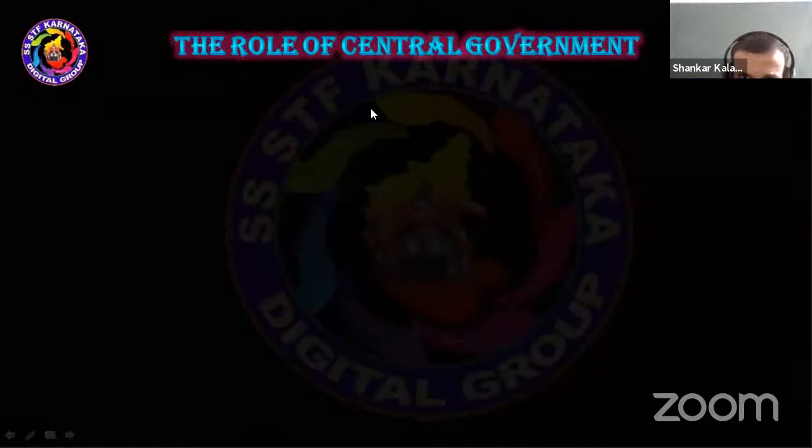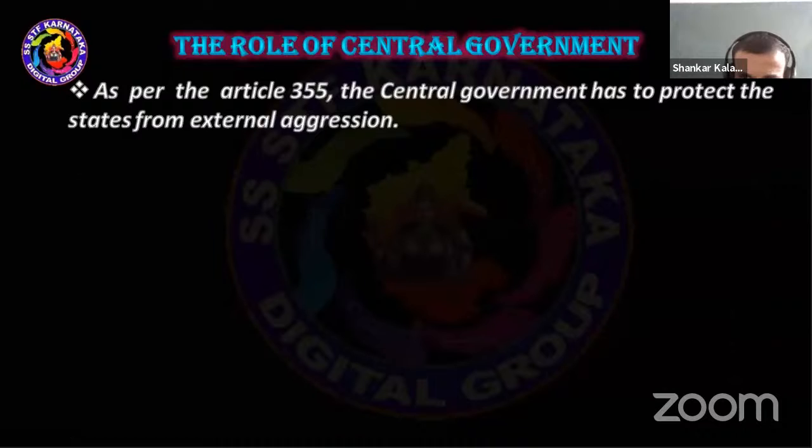The role of the central government. As per Article 355, the central government has to protect the states from external aggression. See, this article is very important.